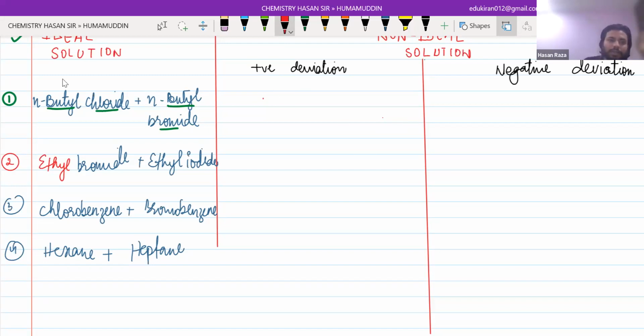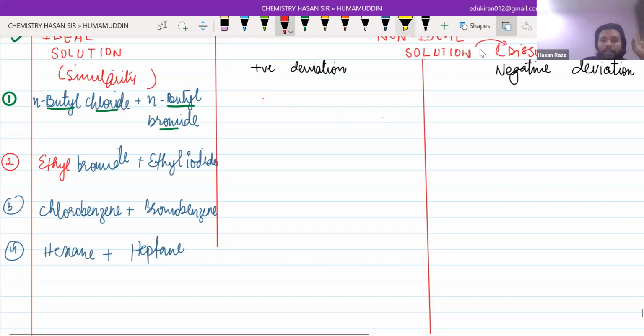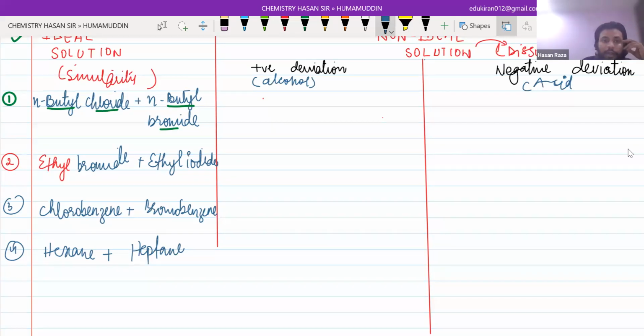For ideal solution, similarity. And for non-ideal solution, dissimilarity. But for positive deviation, alcohol. And for negative deviation, acid. For negative deviation, acid. Are you getting my point?